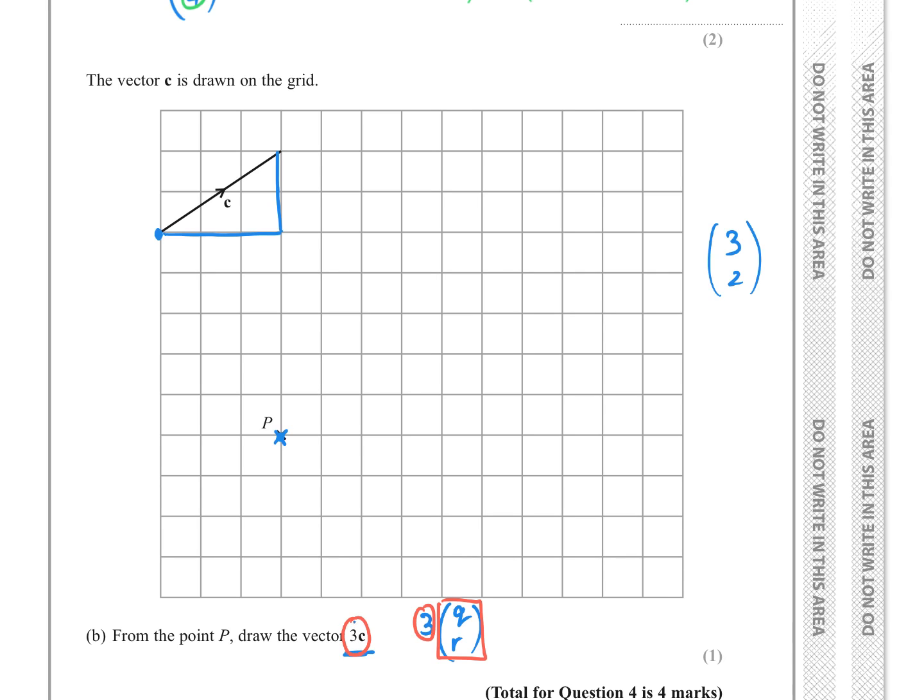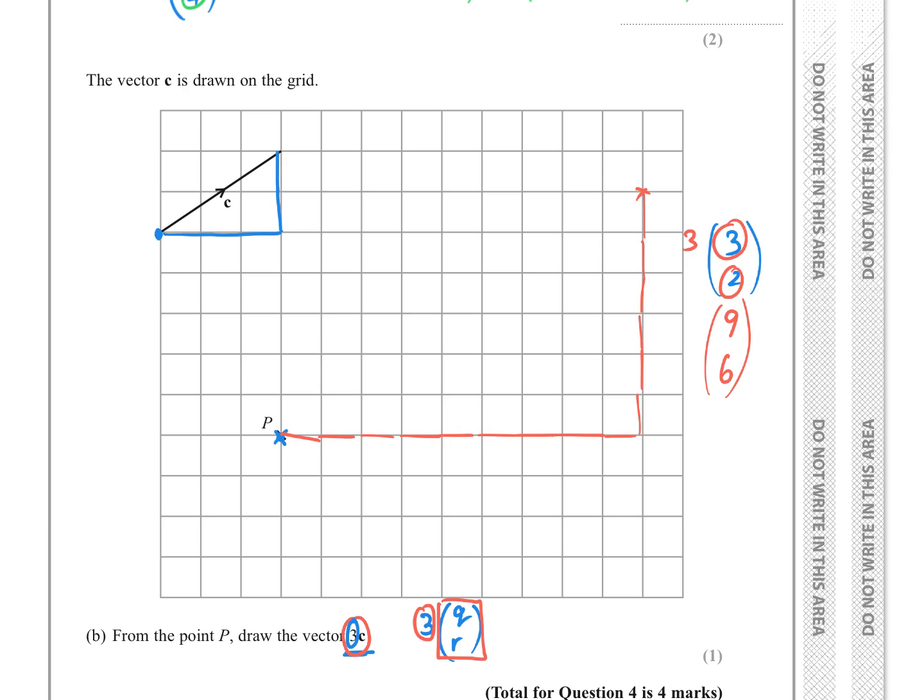But this one is 3 times the amount. So we would have 9, 6. So if we go 1, 2, 3, 4, 5, 6, 7, 8, 9, and then 1, 2, 3, 4, 5, 6, we'd end up here.